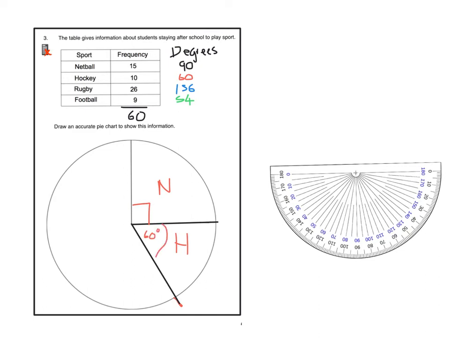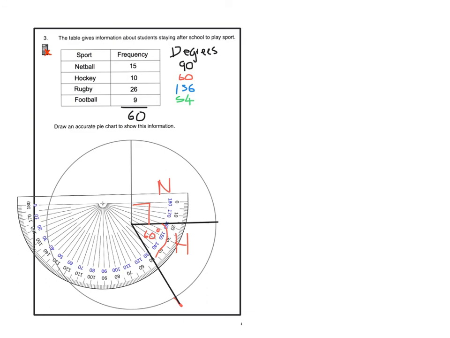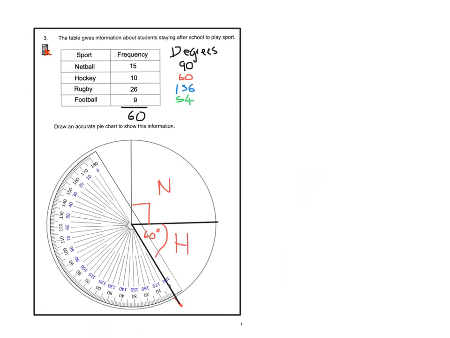Okay, next one then. So we're now doing rugby, which was 156. So I'm getting my protractor, I'm lining it up to my new line, about there, and then I'm going around from 0 again, and we're going to go up to 156. So 10, 20, 30, 40, 50, 60, 70, 80, 90, 100, 110, 130, 140, 156, which is about here.